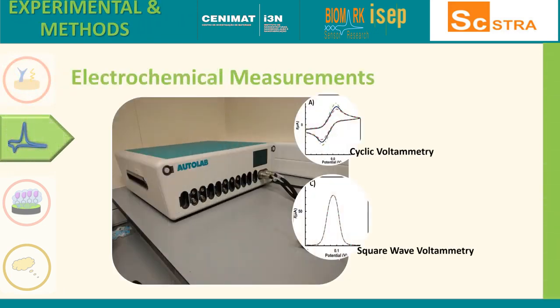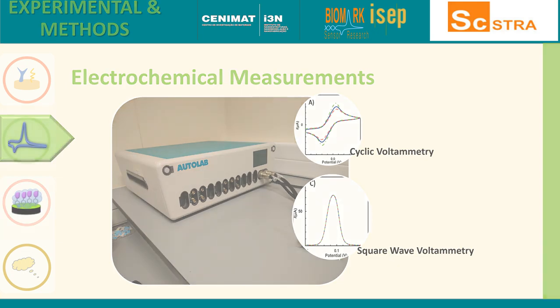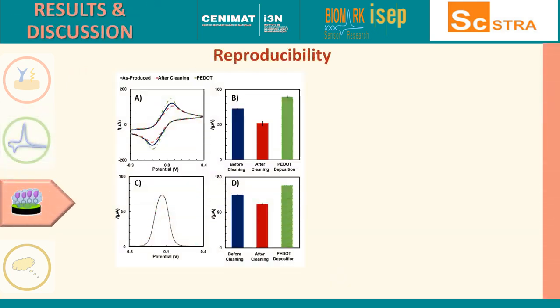To follow each modification on top of the surface, we use two electrochemical measurements, cyclic voltammetry and square wave voltammetry.